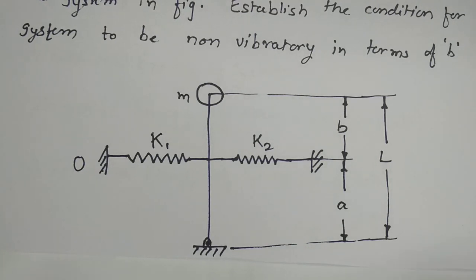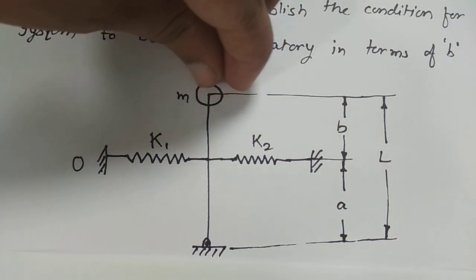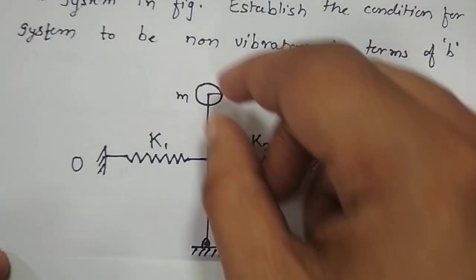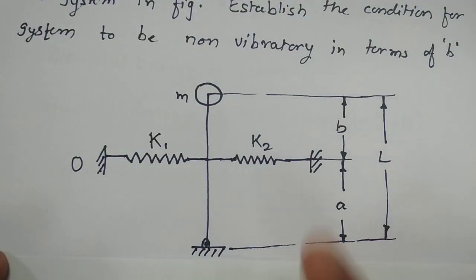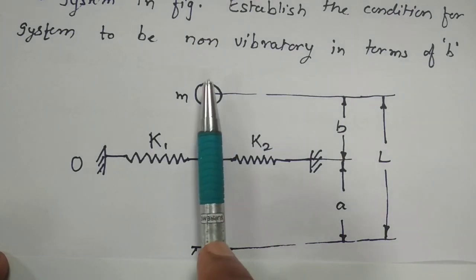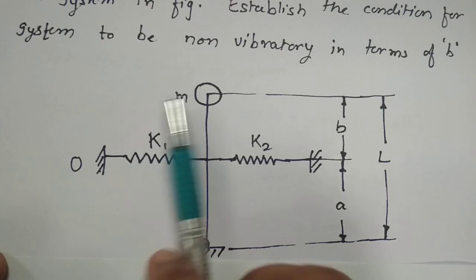Now in a free vibration, what are we doing? We are taking this mass and displacing it. As this mass is displaced and released, what will happen? This pendulum, means this mass, will vibrate like this.